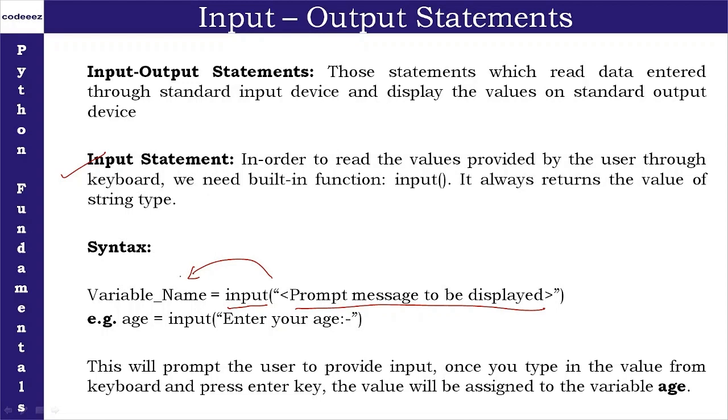Now this value, we accept it in the variable placed here on the left hand side. Now this variable can be used in your program for further processing. Let us check this with one more example.